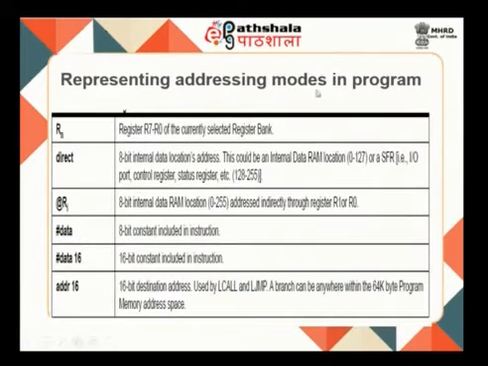Now, when I am looking at addressing modes in a program, I will have something like Rn. The way I will be representing them has been illustrated over here. Rn means R0 to R7.